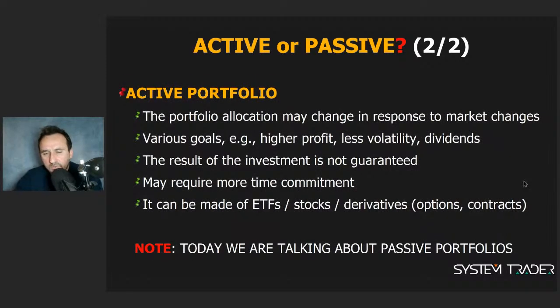And the active portfolio, on the other hand, because I already mentioned what the passive portfolio is, is a portfolio where we try to be smarter, let's say, than the market. So, for example, the allocation in the portfolio may change in response to market changes.